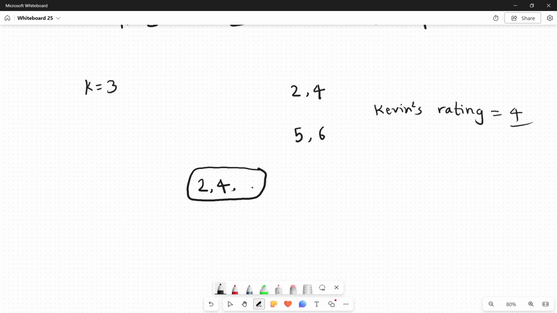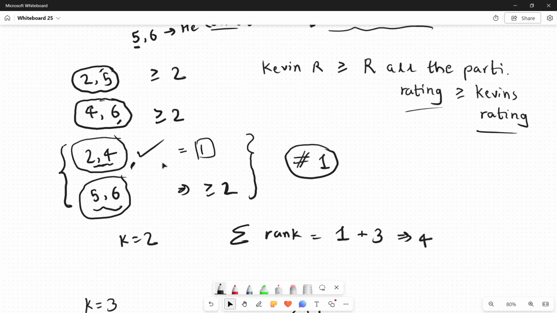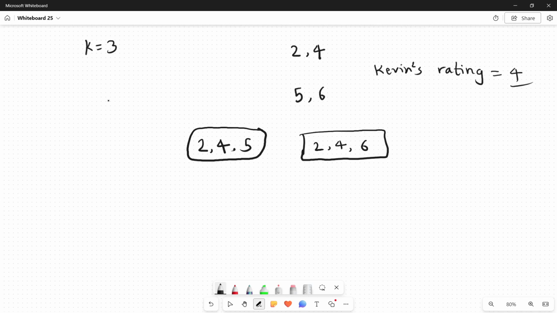So which problem to take, 5 or 6? The participants with higher rating than Kevin have ratings 3, 4, 5, and 7.